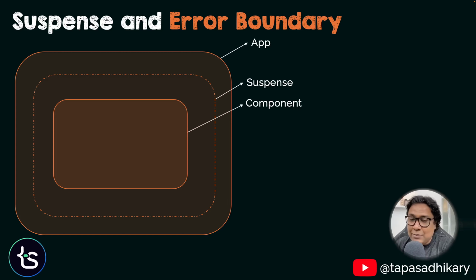You can create an error boundary yourself using a higher order component or class components or whatever ways. Also there are existing React based libraries, npm packages, that give you a ready-made error boundary to work with. So in our example we'll be using one of those libraries.